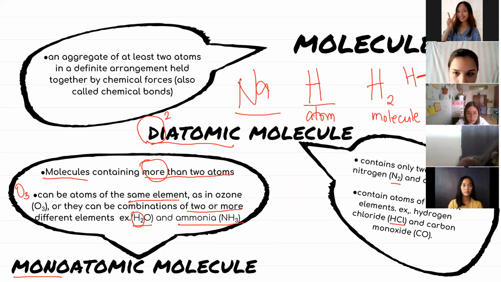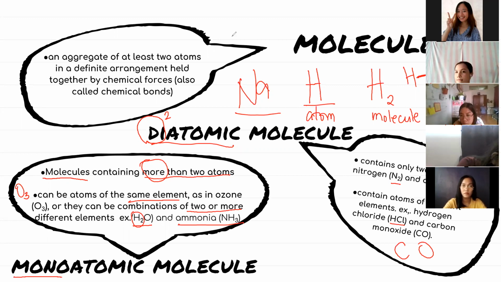Just two atoms: one hydrogen, one chlorine. Also carbon monoxide: one carbon, one oxygen. So as long as two atoms combine together, we call it a diatomic molecule.